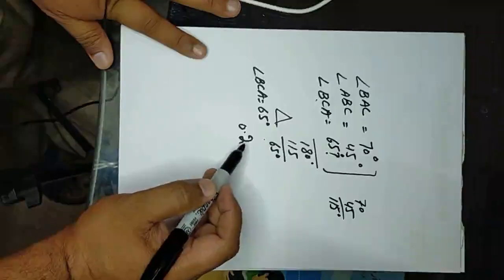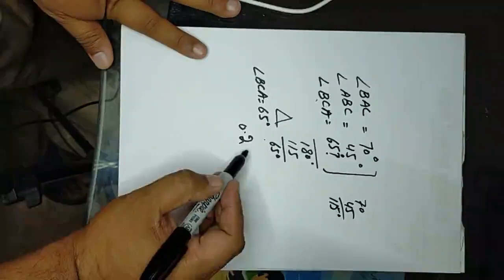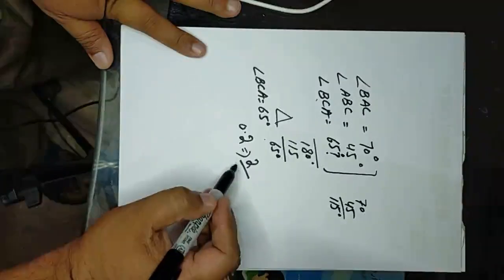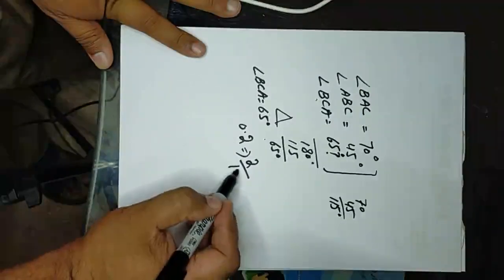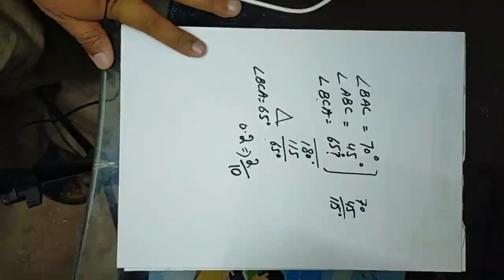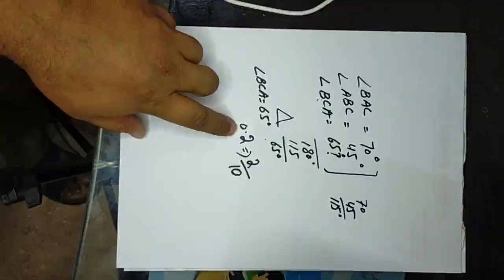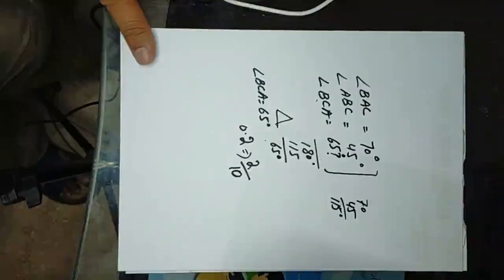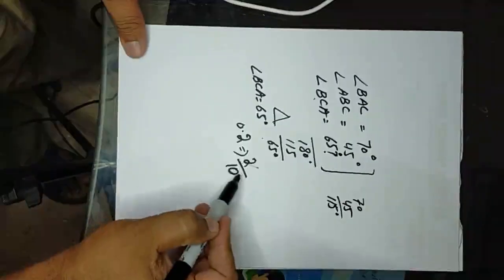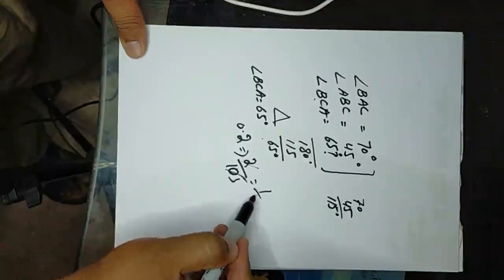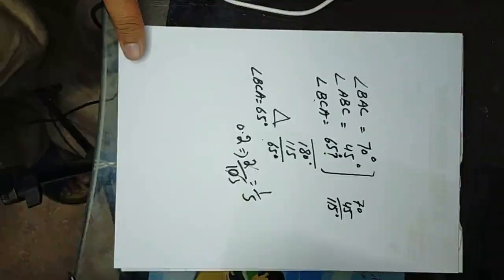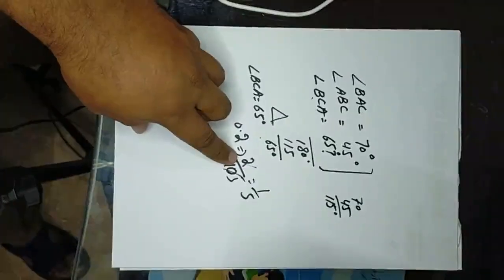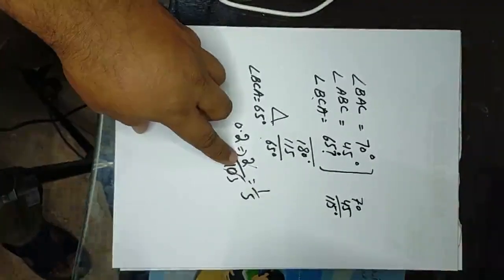Point के बाद right side पे कितने digits हैं? 1. So take the point out, and add as many zeros after 1 as there are digits. So it will be 2 by 10. We can further take it as 1 by 5 भी हो सकता है. But here we just need the fraction form, so 2 by 10 is fine.